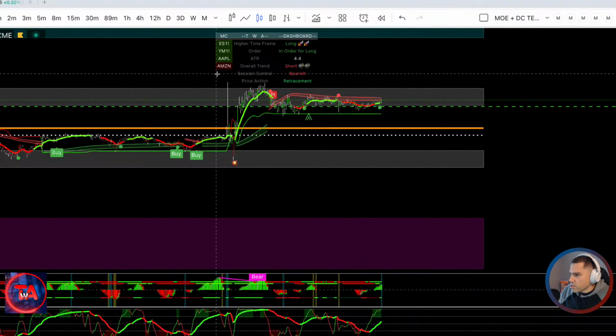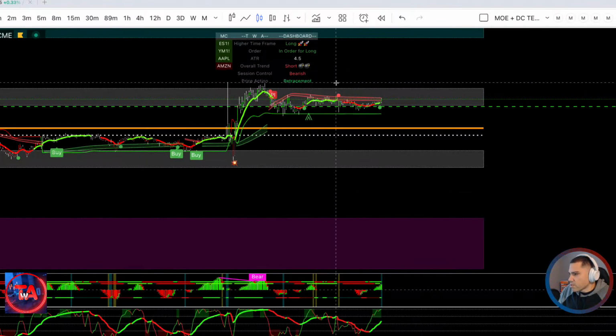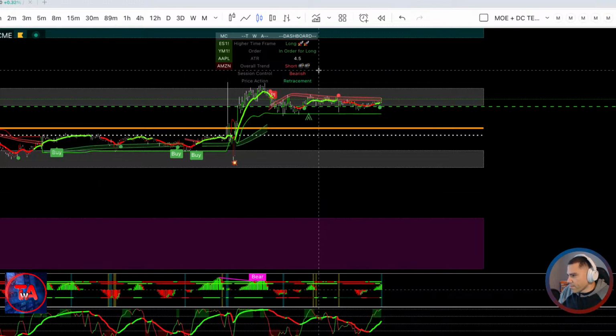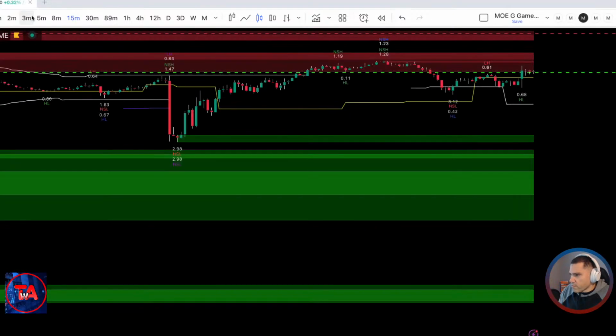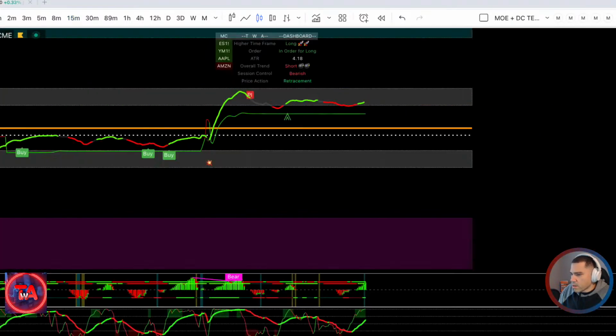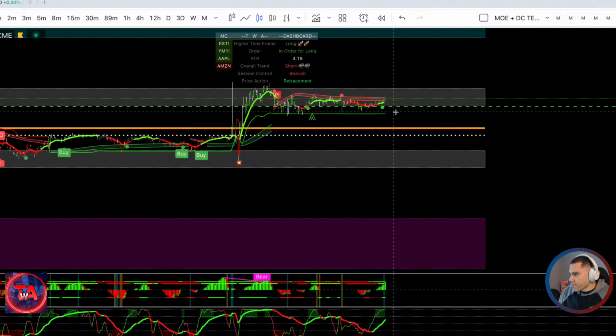If you look at session control, right now session control is bearish, but you see right here price action is in a retracement, which is bullish because of the color green. And you can see now we are trying to make our way higher. But if we go back, you see there's resistance here, no problem. Resistance now might turn into support later, you never know.